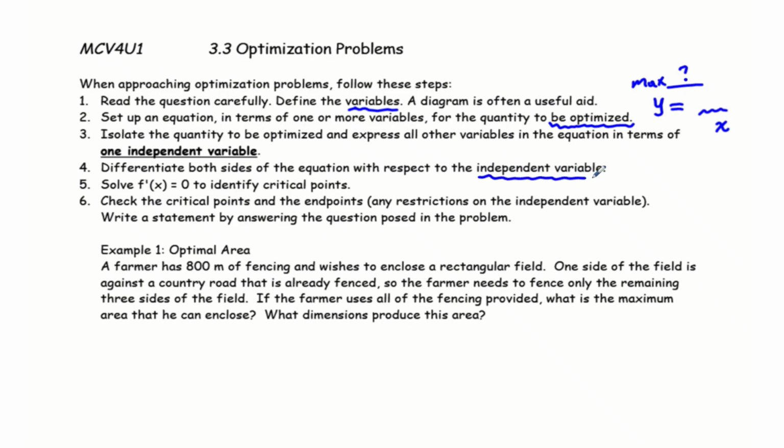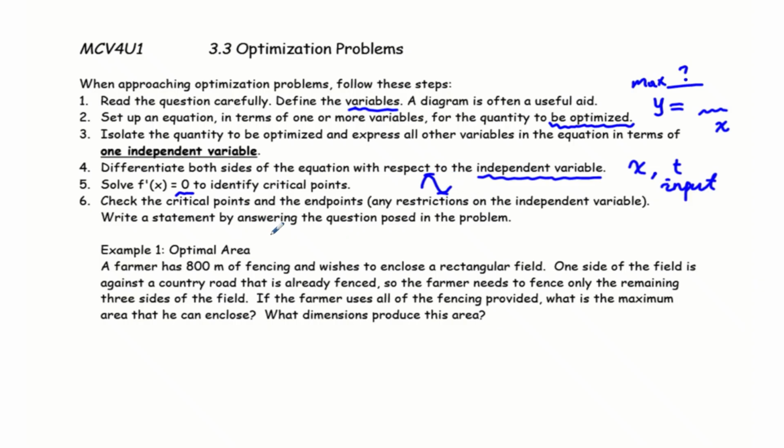Most of the time, the independent variable will be x, and sometimes maybe time, as long as it's the input. After that, we set the derivative equals 0. These are our critical points, the highest or lowest point.